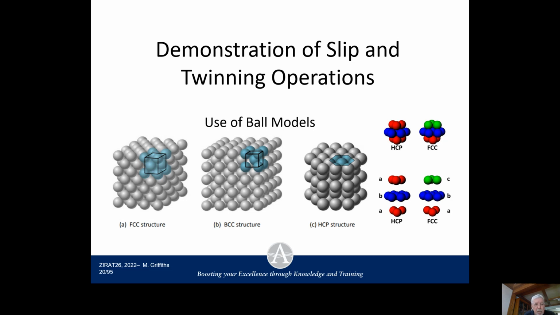It can be cannonballs, can be ping pong balls, whatever you want. And the difference between FCC and HCP is in the stacking sequence. I'll illustrate what I mean by that in a minute.